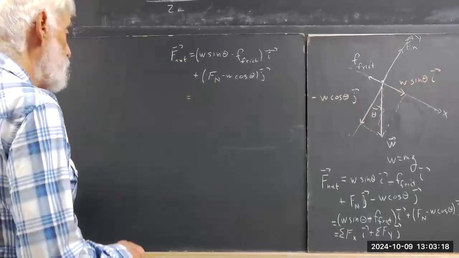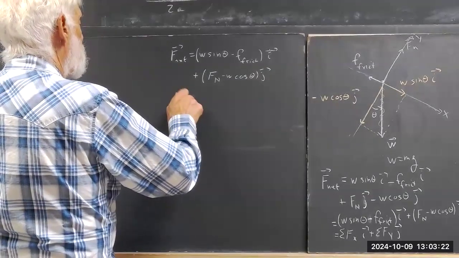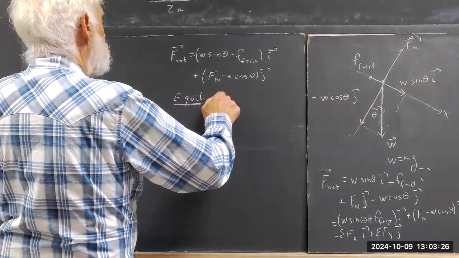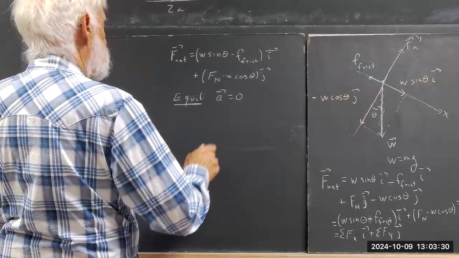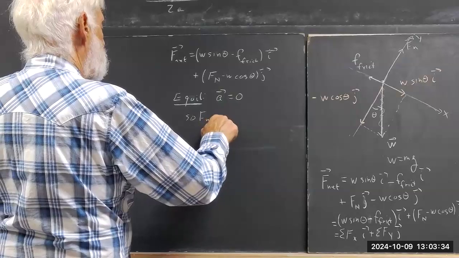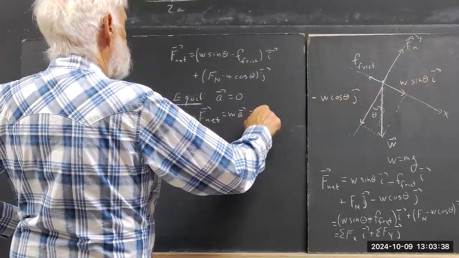Well, okay. So equilibrium. Acceleration is zero. F net equals m times the acceleration, which is zero.